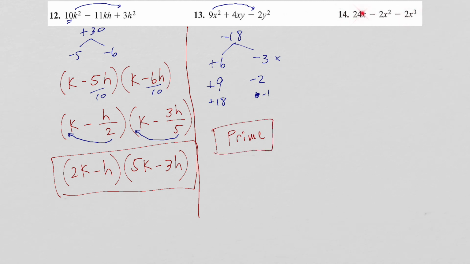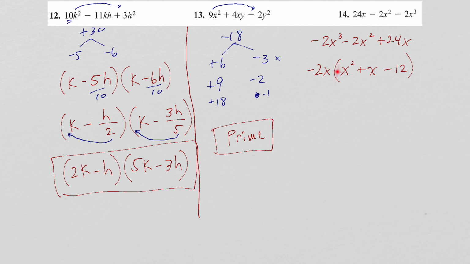A couple things on this. The first thing I'm going to do is reorder this so it goes in descending order. So I'm going to have negative 2x cubed minus 2x squared plus 24x. And now they're all divisible by 2 and they all have an x. So I'm going to factor out a negative 2x. That leaves behind a 1x squared plus an x minus a 12.